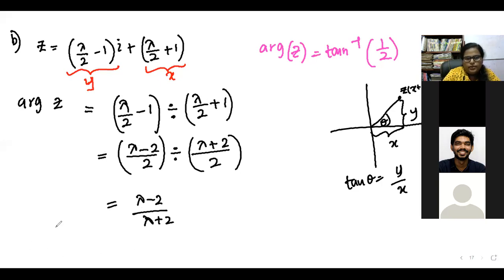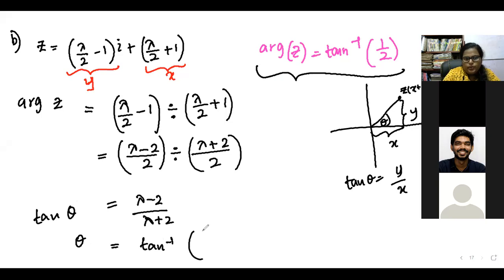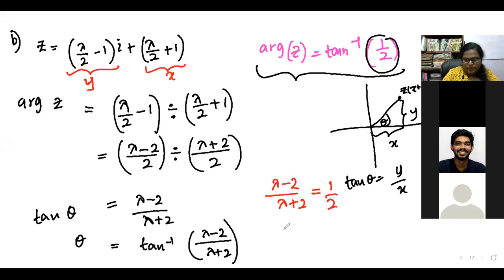This is the result we have as tan theta. In the question it is given that arg z is tan inverse of the half value. So theta means you are taking the tan inverse of this value, lambda minus 2 divided by lambda plus 2. In the question it is given that tan inverse half. So we can simplify these two like this: lambda minus 2 divided by lambda plus 2 is equal to half.